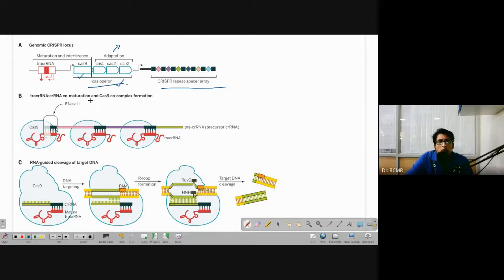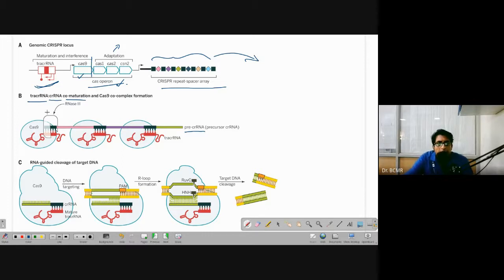There is also one more that we haven't discussed, which is tracrRNA. Okay, tracrRNA is another small component that is present. Upon transcription, the spacer CRISPR RNA co-maturation happens, meaning that we have a precursor CRISPR RNA, which is the long RNA produced from this whole array.